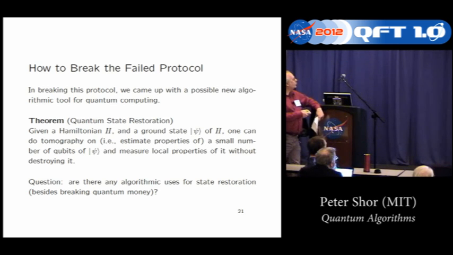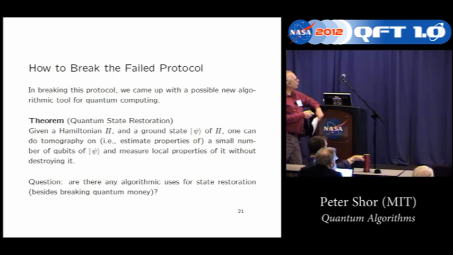And what it is: given a Hamiltonian H and a ground state psi of H. So of course, H here is the verification procedure, and psi is the quantum state. So you just check that psi is the ground state of H, and if it is, then the money passes.